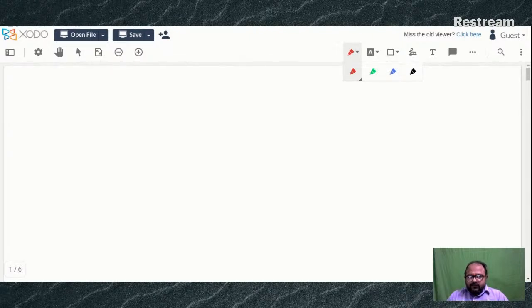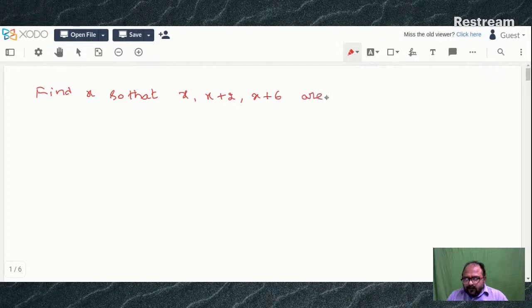Find x so that x, x plus 2, x plus 6 are consecutive terms of a geometric progression.